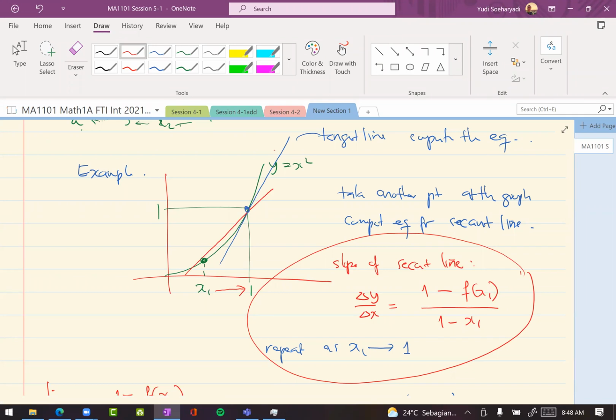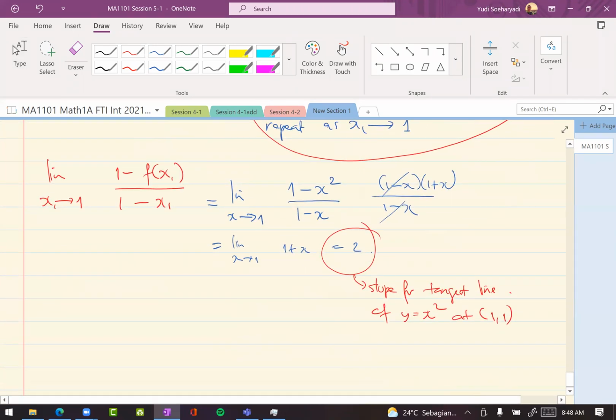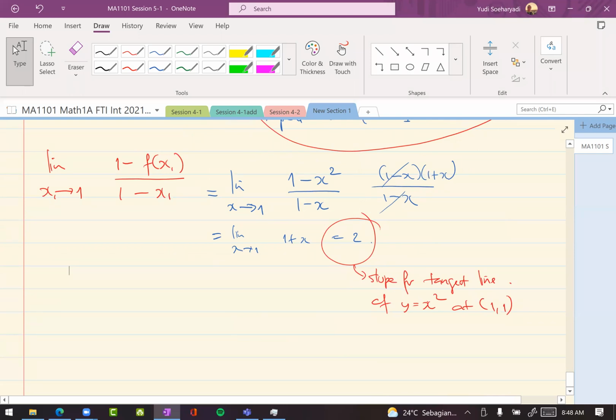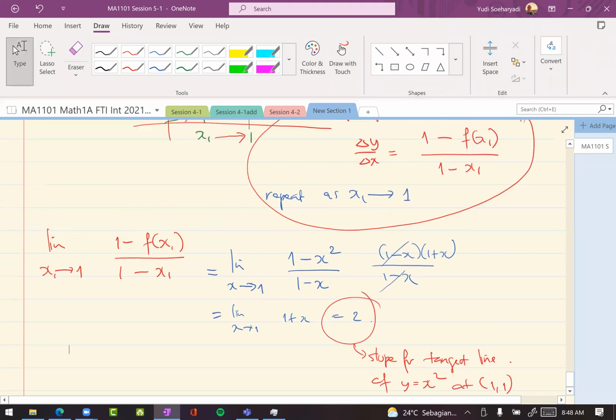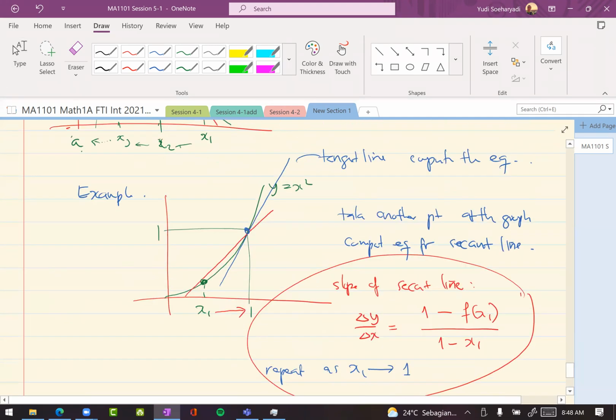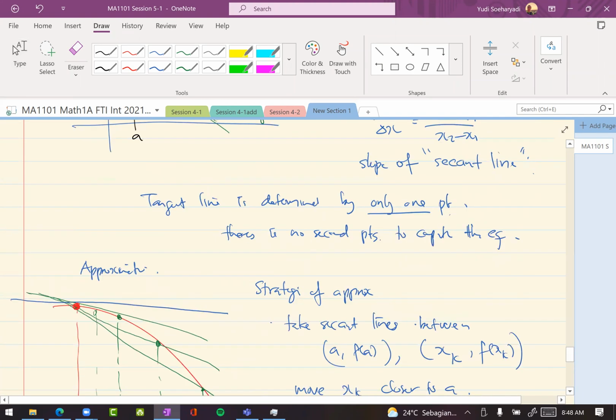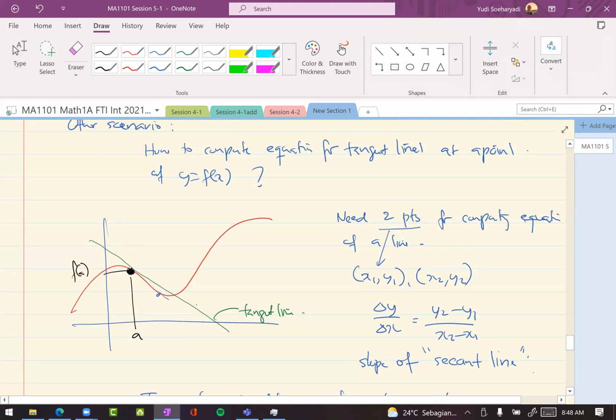So the tangent line is a line going through this point with the slope coming from this limit. This limit is called the derivative. By the same token, what is instantaneous velocity?